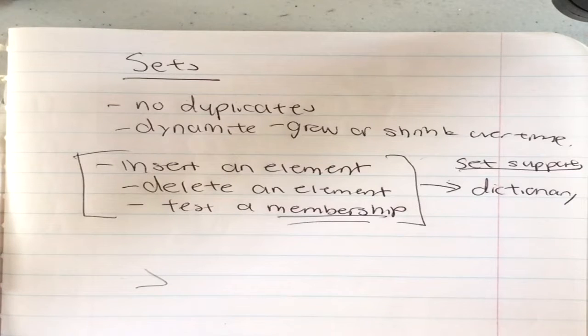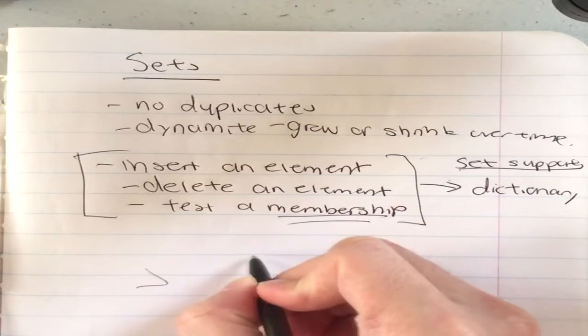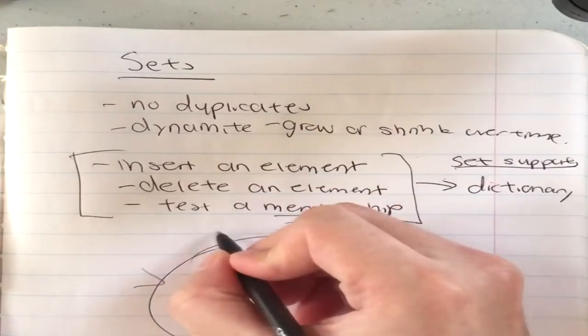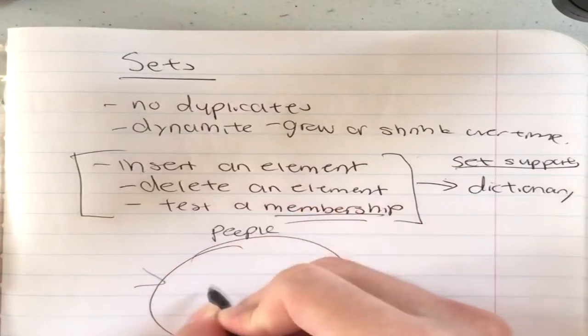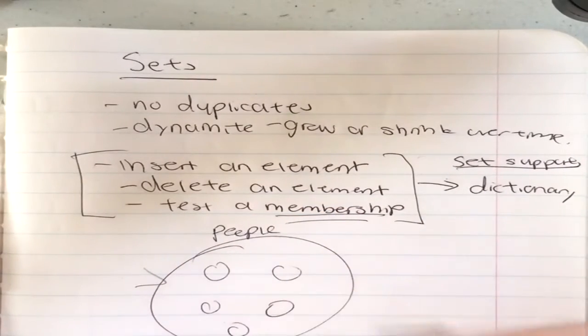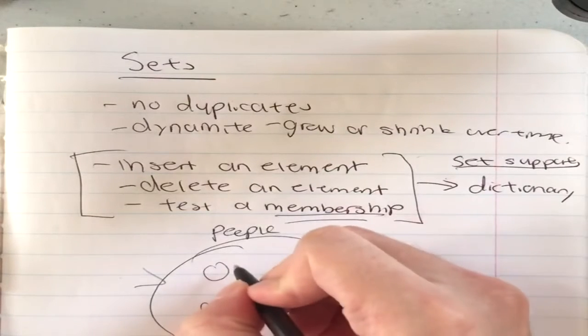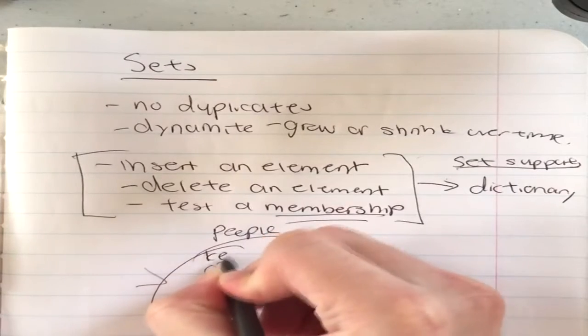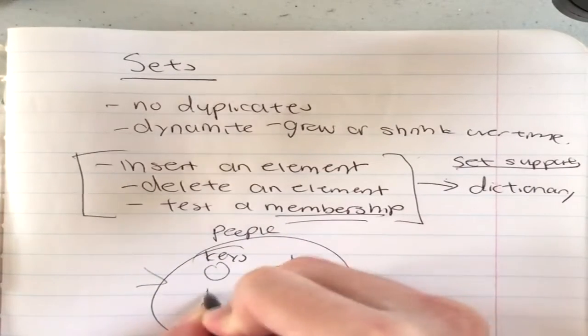Typically, dynamic sets have elements represented by objects which can be manipulated with pointers and stuff like that. To identify a certain object in a set, let's say I have a giant set of people, and I call this people. In order to identify each person, I label them with keys.